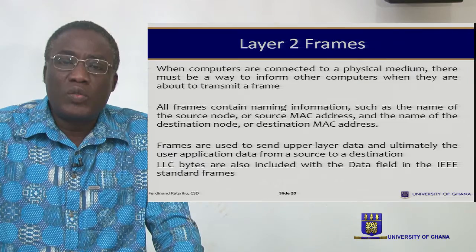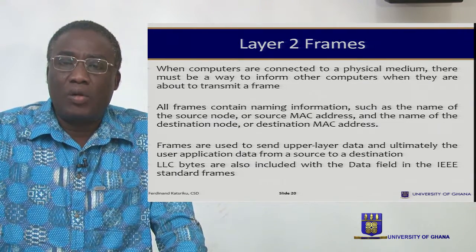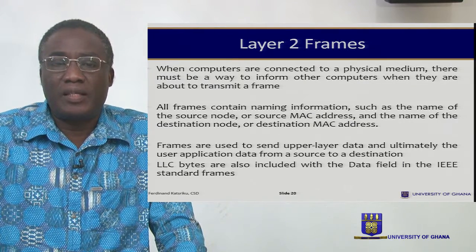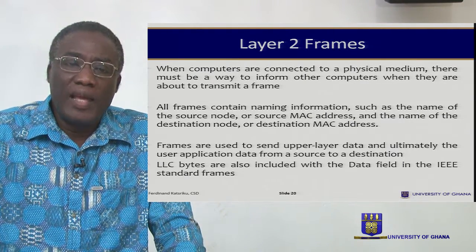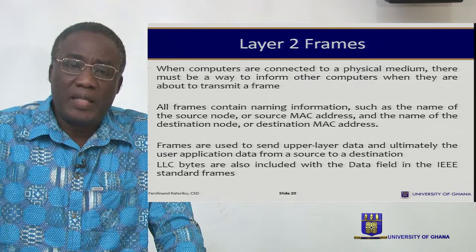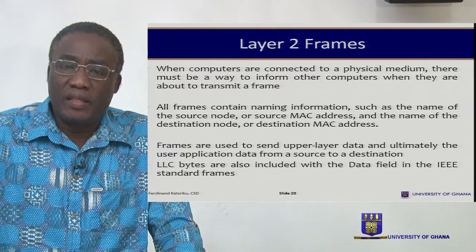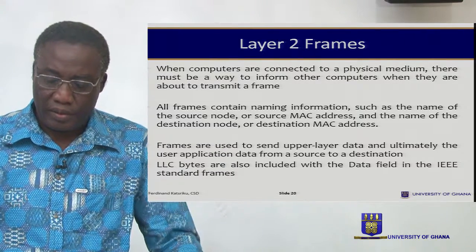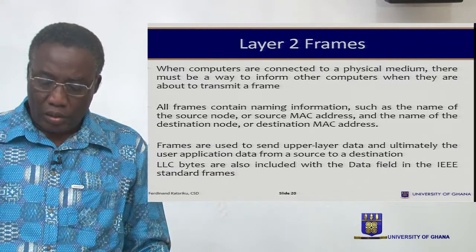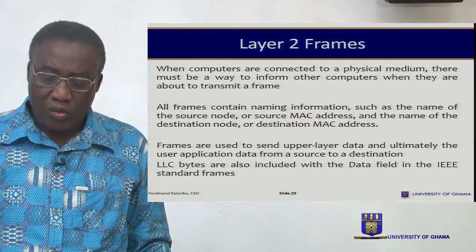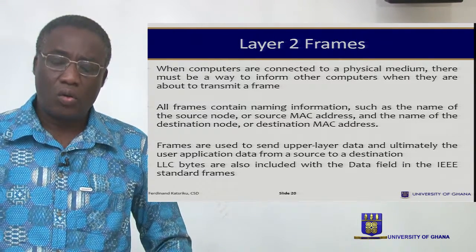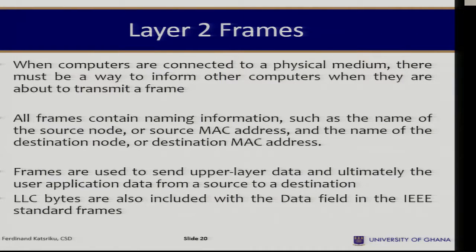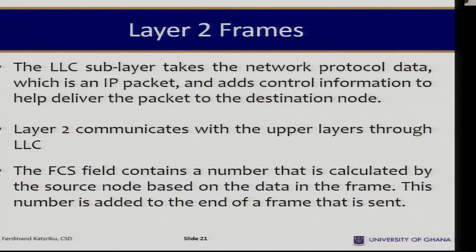Frames are used to send upper layer data and ultimately the user application data from a source to a destination. The LLC bytes are also included with the data field in the IEEE standard frames. So regardless of the technology, all frames will begin with a sequence of bytes to signal data transmission.